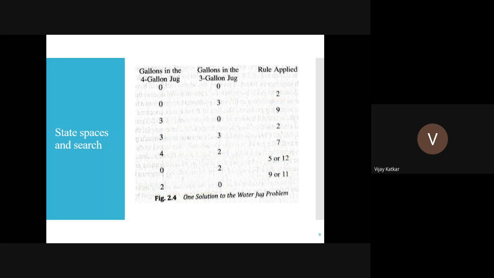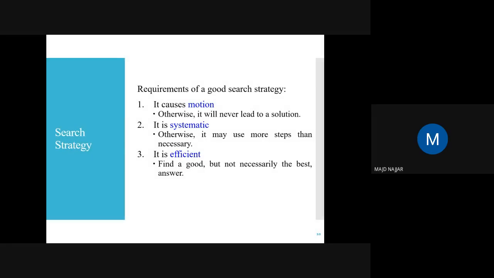It doesn't matter which way you achieve it. What was your requirement? Gallon X should contain 2 liters of water. You achieved the solution. How you achieved it doesn't matter. So here we just apply the rules to the problem, and the machine will solve it. Yes. Okay, thank you.